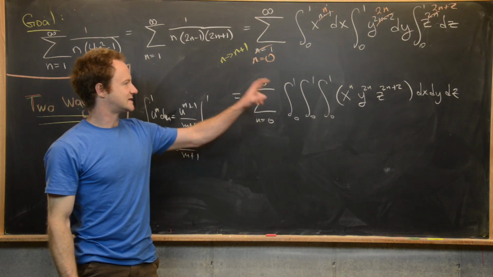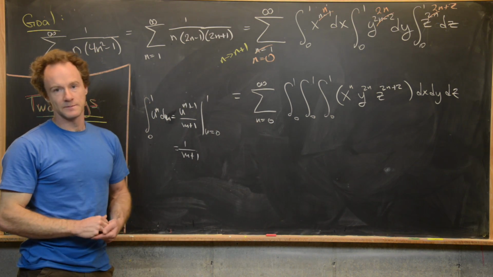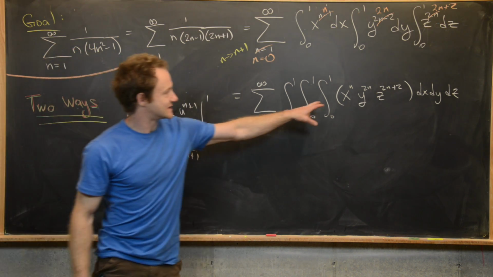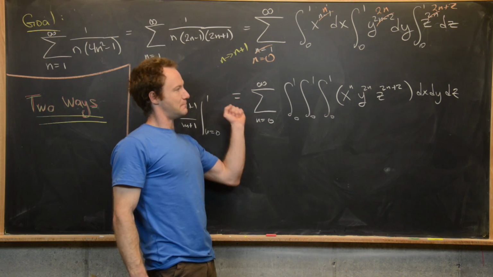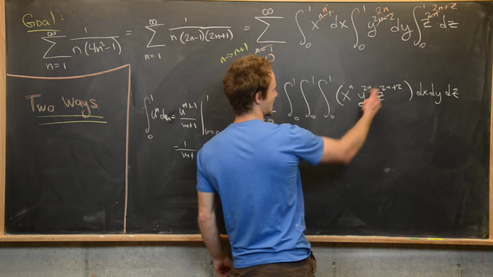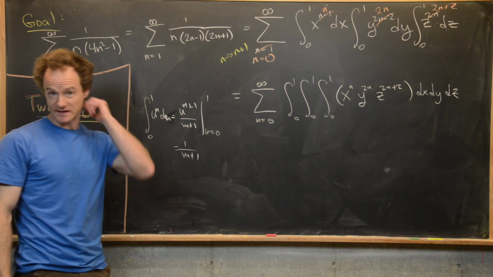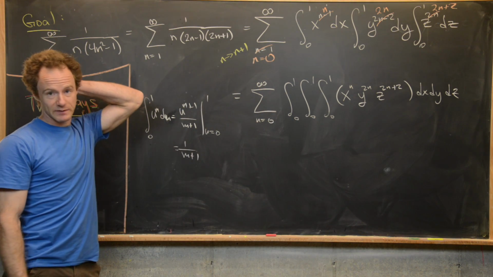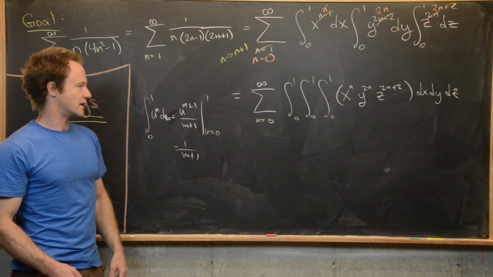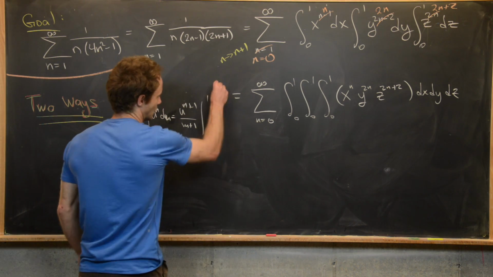Next, I'm going to move my sum inside of the integral, and then we can rewrite that stuff that's inside as some big term that's being raised to the nth power. Notice here we've got x to the n, y to the 2n, which is like y squared to the n, and z to the 2n plus 2, which is like z squared to the n times an extra z squared. So let's kind of do that all at once.